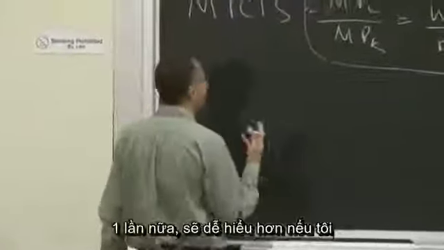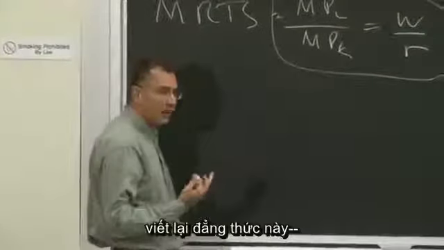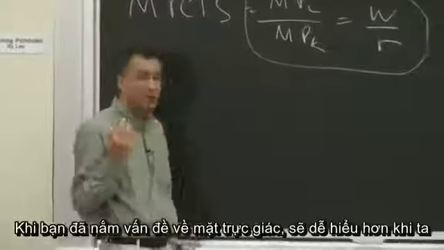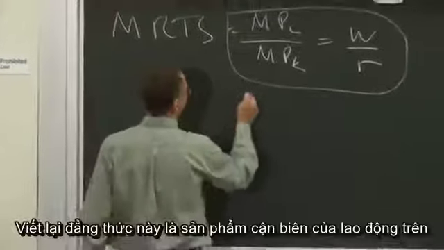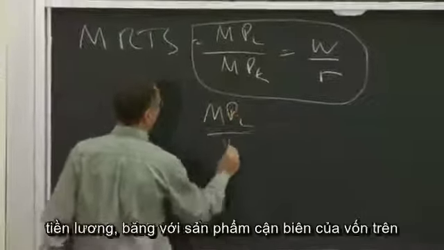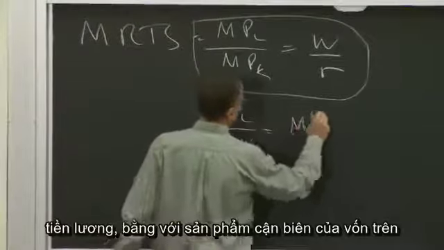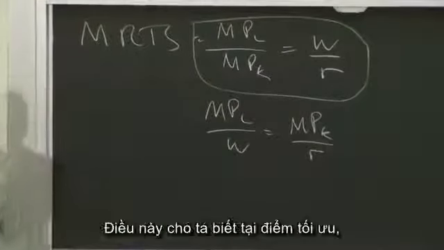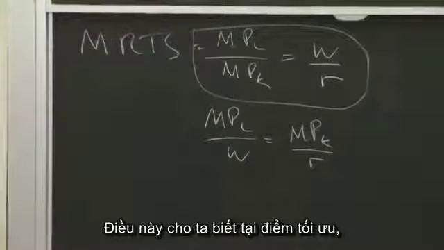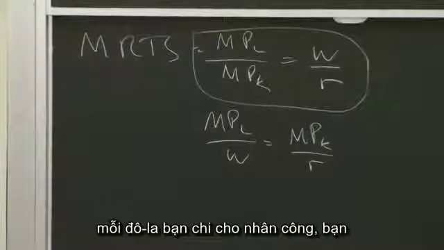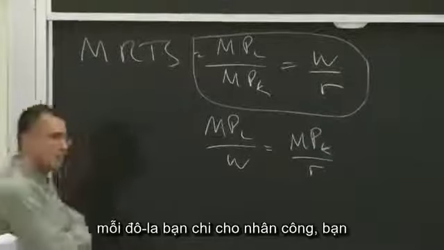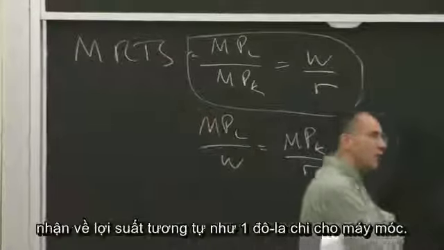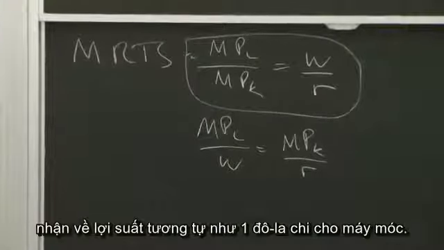Now, once you develop the intuition, I find it easier to rewrite this equation as the marginal product of labor over the wage equals the marginal product of capital over the rental rate. What this is telling us is that the efficient place is where for every dollar you spend on workers, you're getting the same return as a dollar spent on machines.